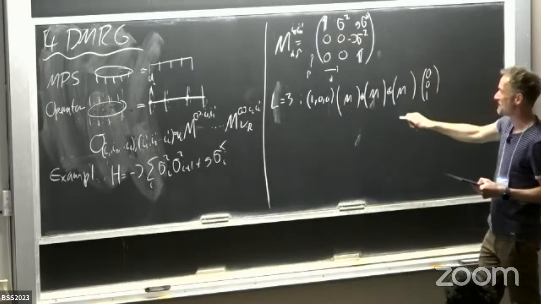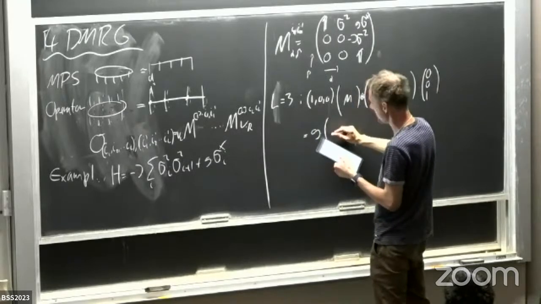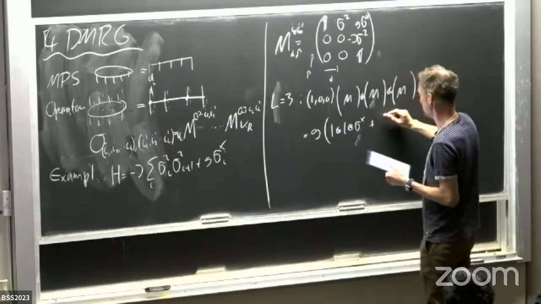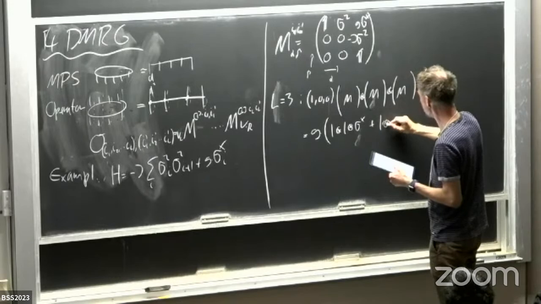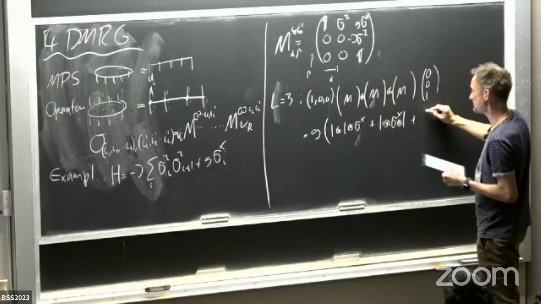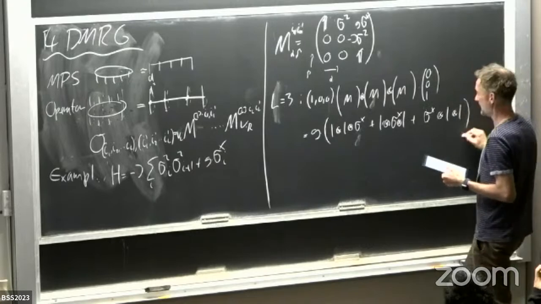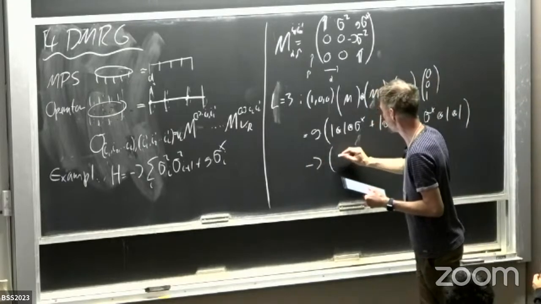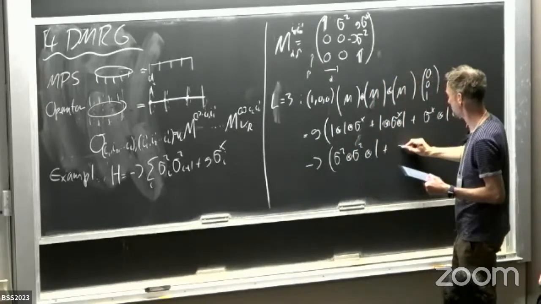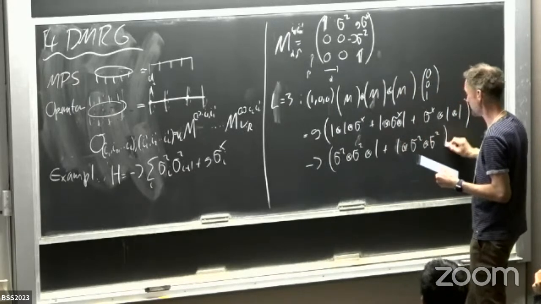I'm not doing this step by step, but if you multiply it out, what you get is G times 1 tensor 1 tensor sigma x plus 1 tensor sigma x tensor 1 plus sigma x tensor 1 tensor 1, and then minus J times sigma z tensor sigma z tensor 1 plus 1 tensor sigma z tensor sigma z.